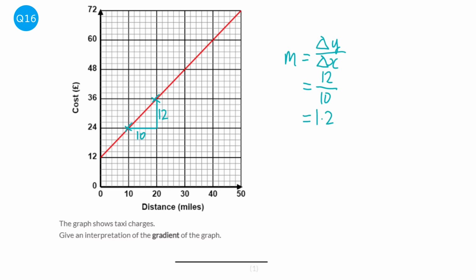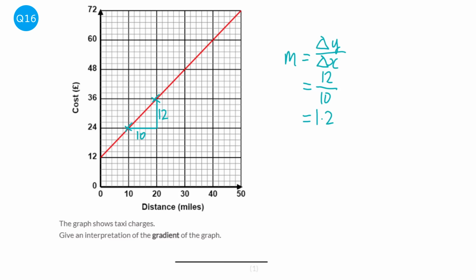Now a gradient represents the amount of change in the y per one change in the x. So for every 1 mile we travel, it's going to cost 1.2 more.